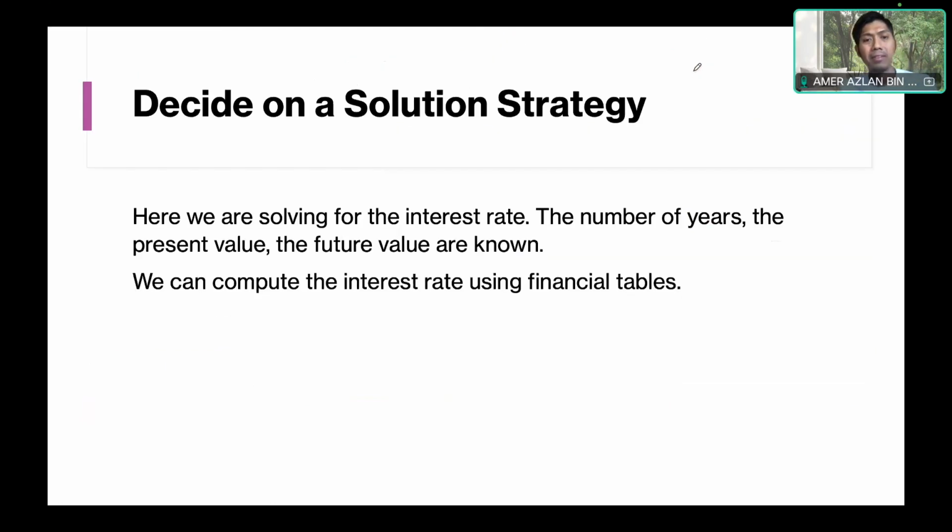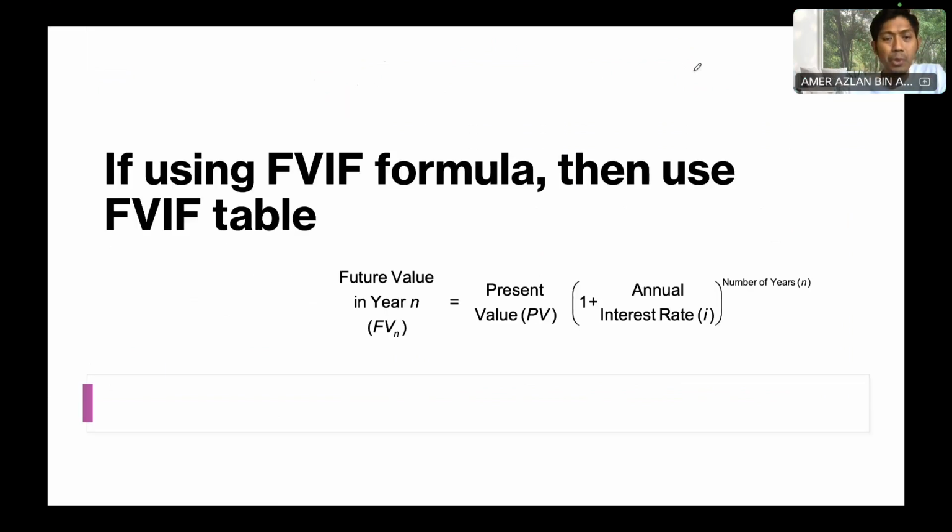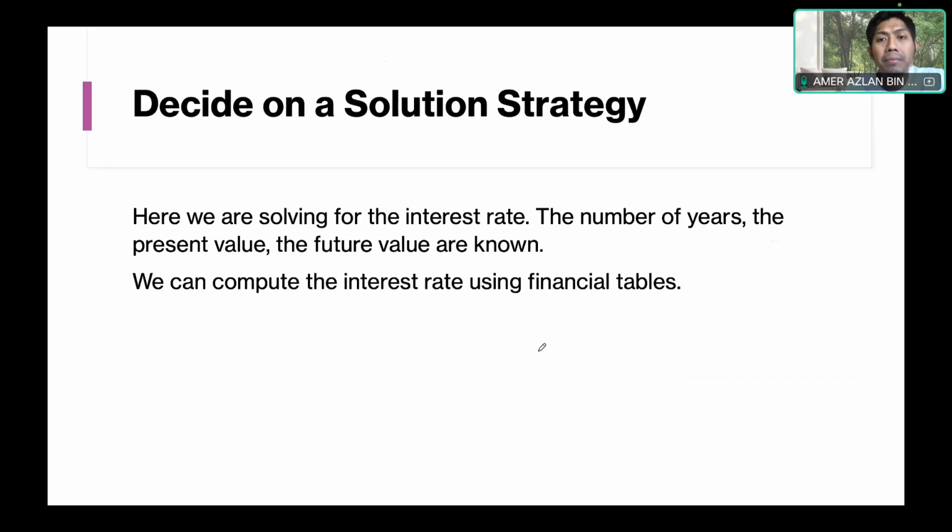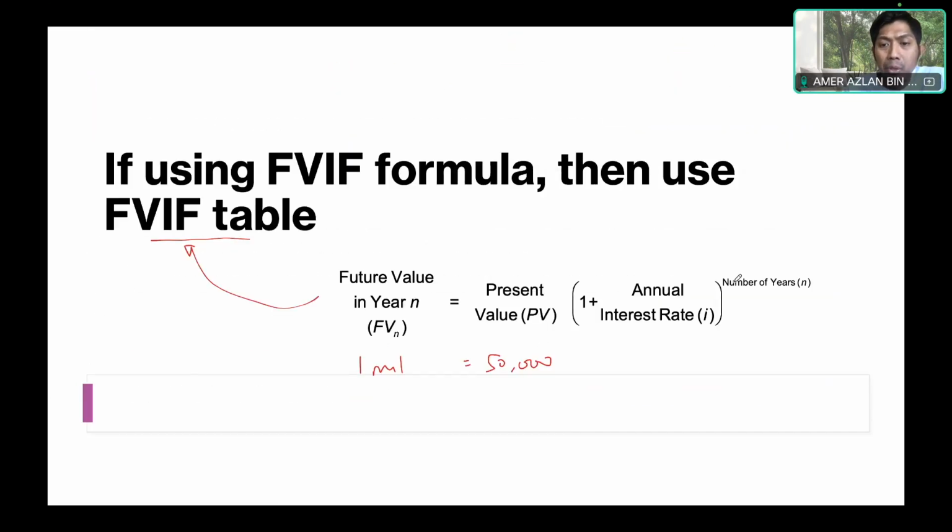So again, the same thing applies. You can either use the future value or present value formula. If you use the future value formula, you have to refer to the future value table. Now we know the future value is 1 million and the present value is 50,000. We don't know the I, but we know the number of years.